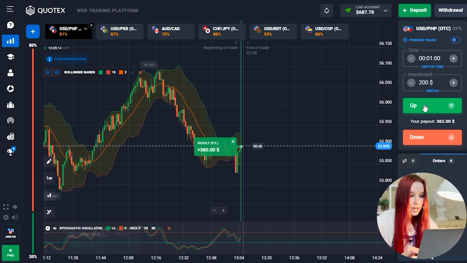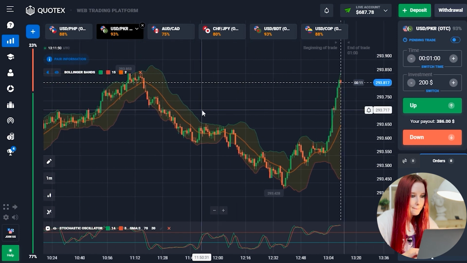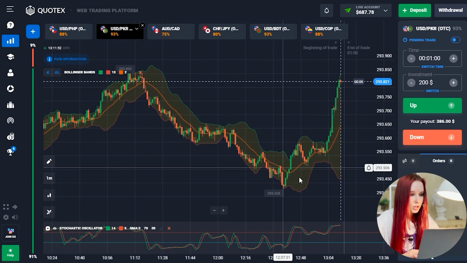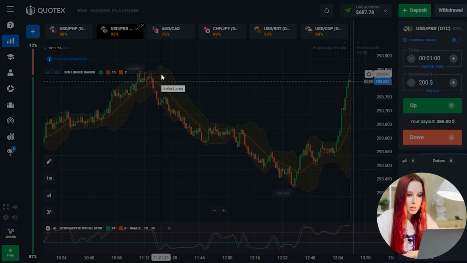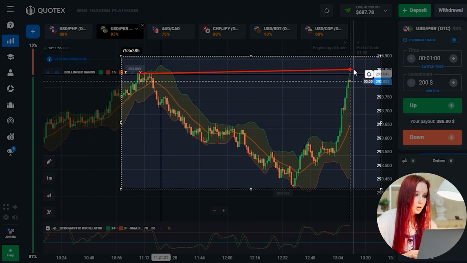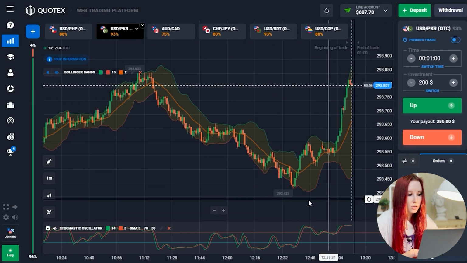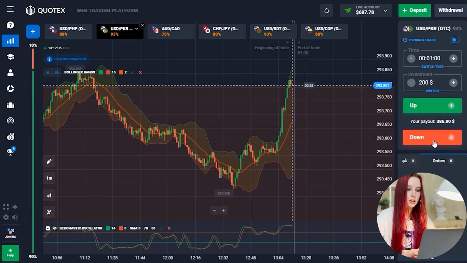See guys, I was able to predict the price movement again, and I want to consider another situation on this currency pair. And what do we see here? Strong bullish movement, but we can also see that the price is at the resistance level. So I want to open a trade down for $200 again.